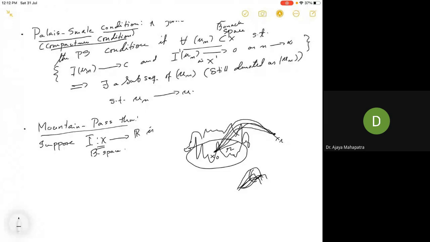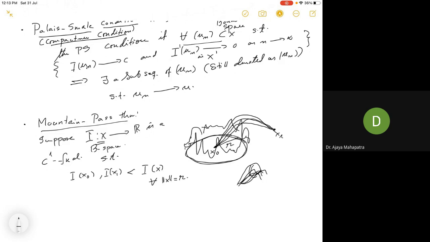Suppose I is a C1 functional, C1 is a must, such that I of x0 and I of x1 is less than I of x for all norm x equal to R. So values on this ball are greater than these two values.